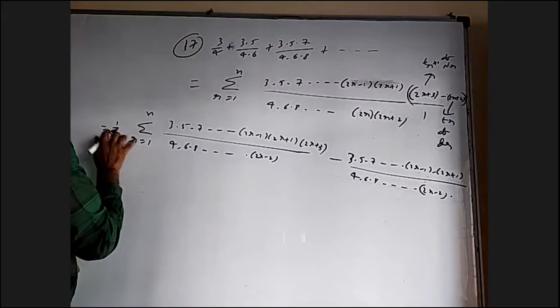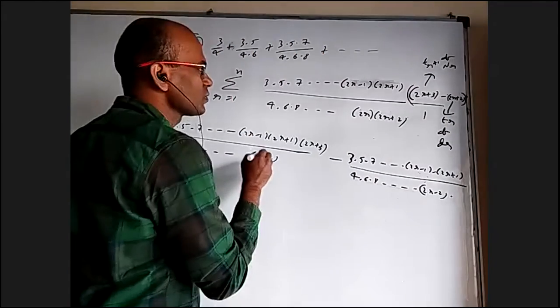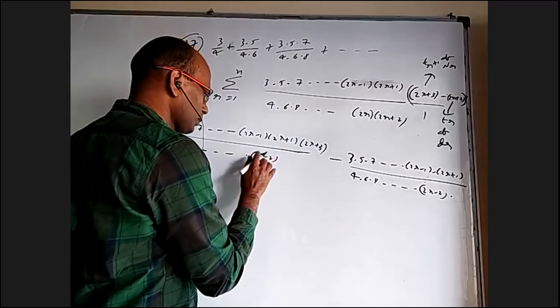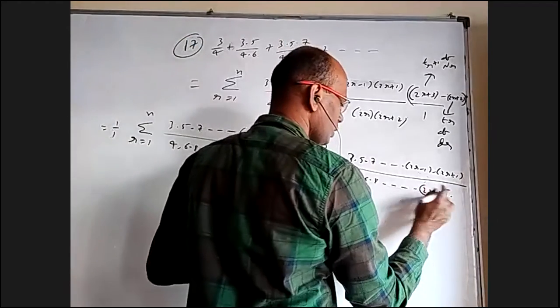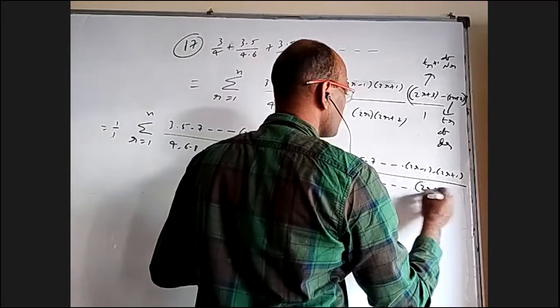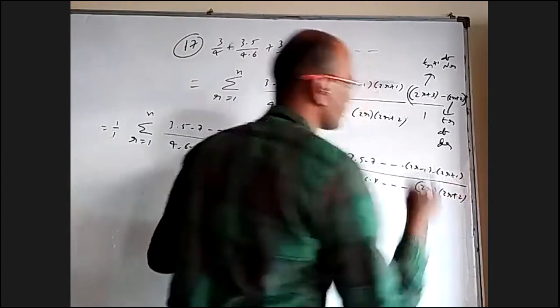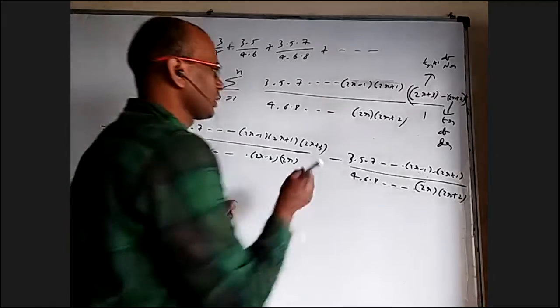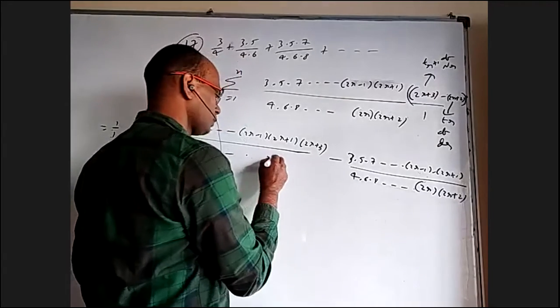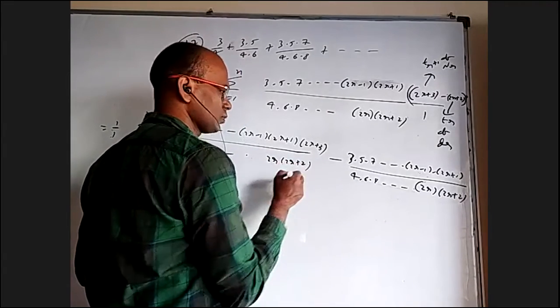All right. So this will be 2r minus 2 into 2r will be left, and here 2r into 2r plus 2. Yes, 2r plus 2 will cancel. So here 2r plus 2, and 2r and 2r plus 2.